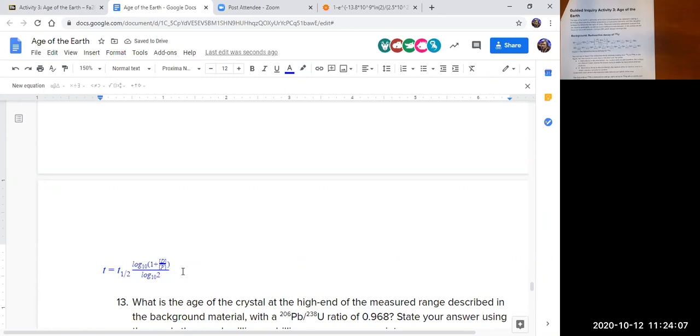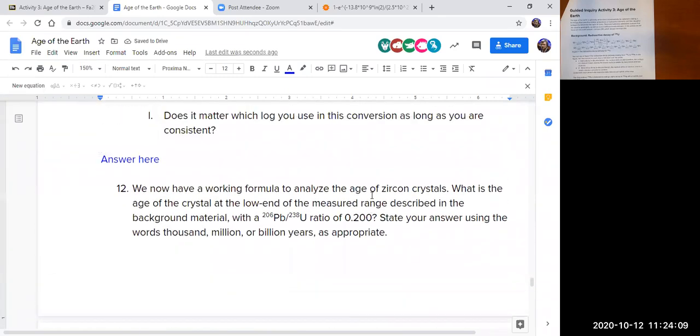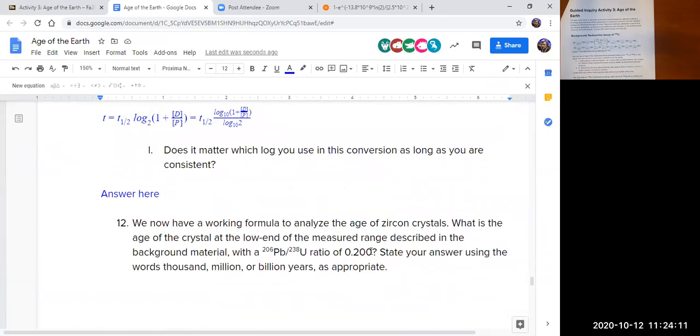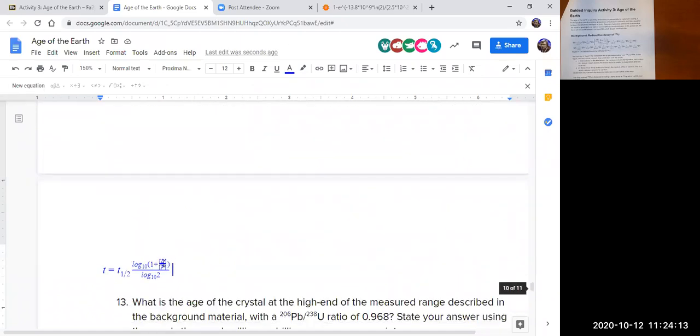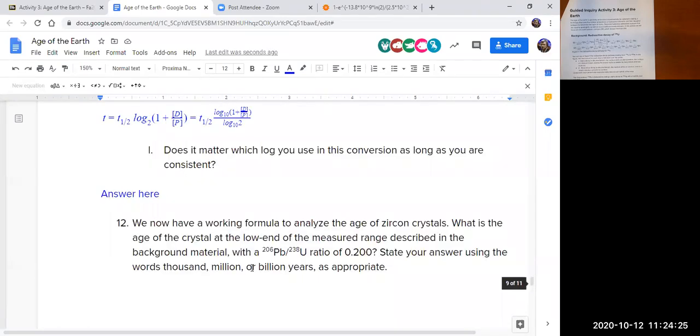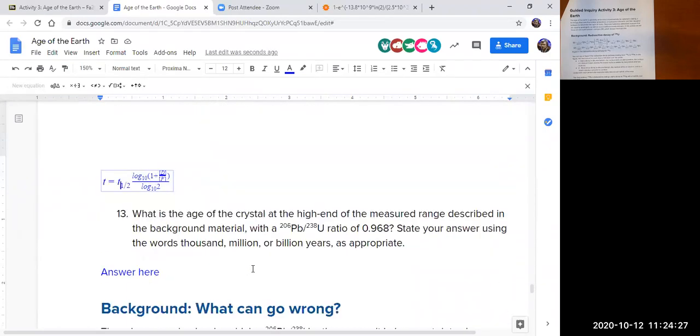And you now have a formula where you can just plug in the numbers. So you have a lead to uranium ratio that's going to go in right here. And you have a half-life that you look up from the table that you plug in right there. And then you do it on a calculator, or you plug it into Wolfram Alpha. And you get your numbers.